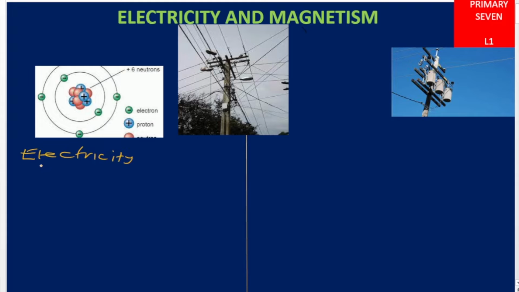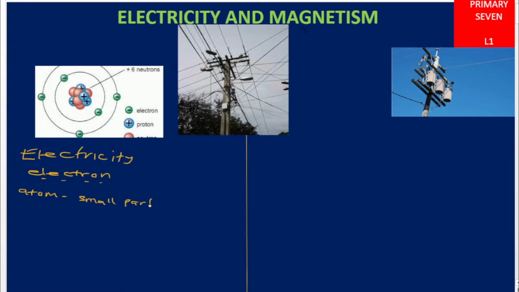Now, this word electricity comes from a certain word, and this word is called an electron. So we have to first go back to primary 5 and understand what the term atom means. An atom is a particle of matter, the smallest particle.